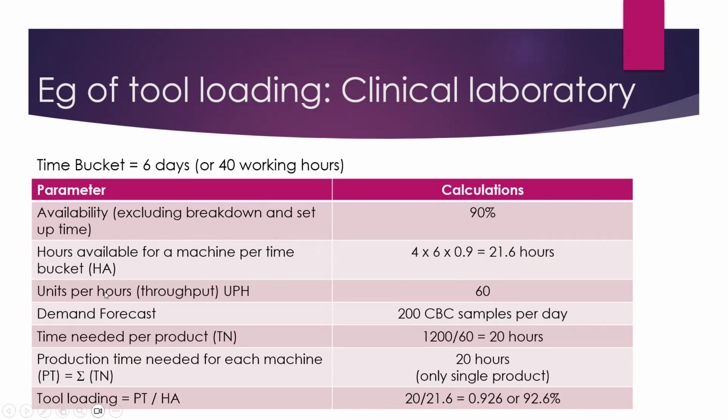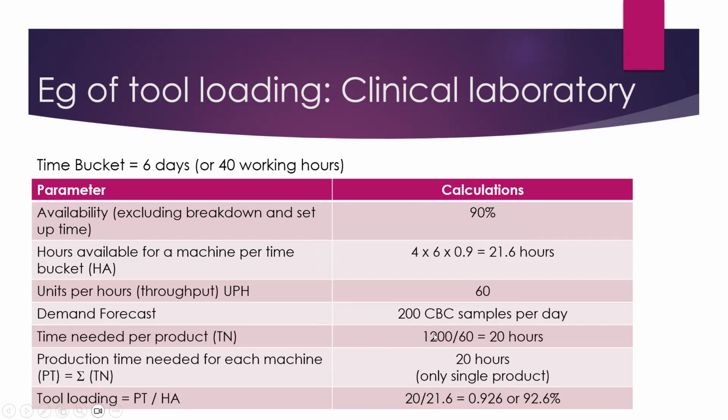Then units produced per hour, or the throughput of the machine, is equal to 60. As throughput is 60, we already know. Demand forecast in this example is 200 CBC samples per day. CBC is a clinical test. So time needed per product is equal to 1200.